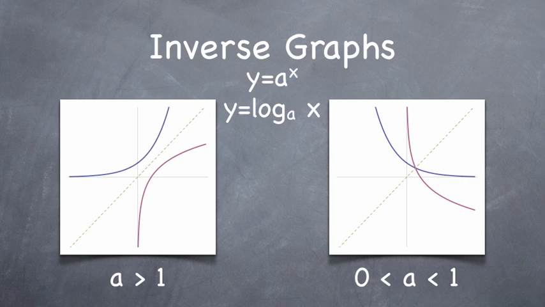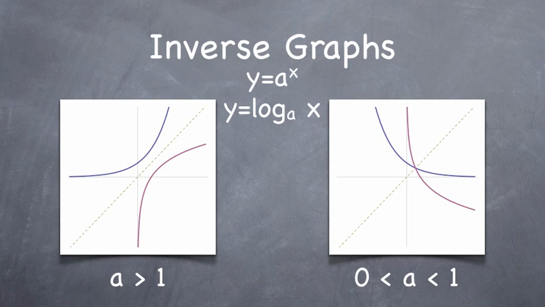So on the left, we see our usual exponential graph when a is bigger than 1. When we reflect it about the line y equals x, that gives us the graph of log base a of x, where again that a is bigger than 1. So notice that our horizontal asymptote of y equals 0 becomes the vertical asymptote x equals 0.